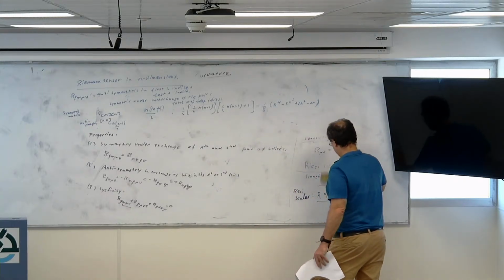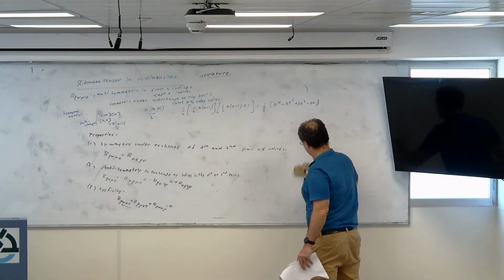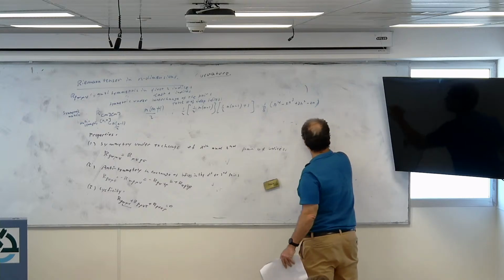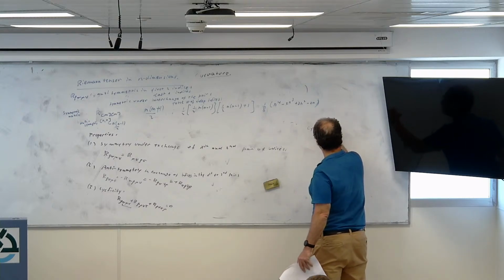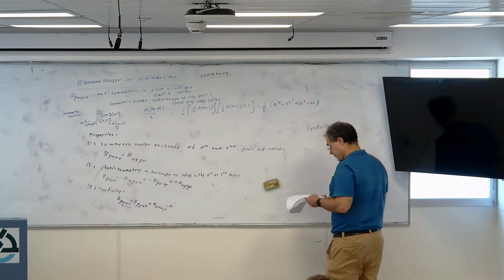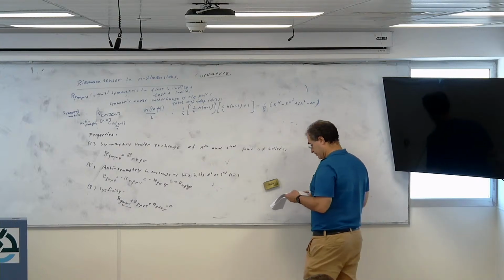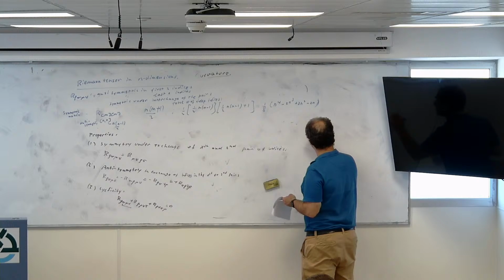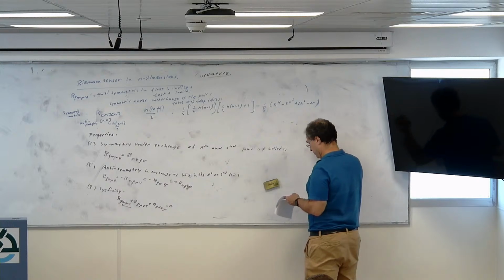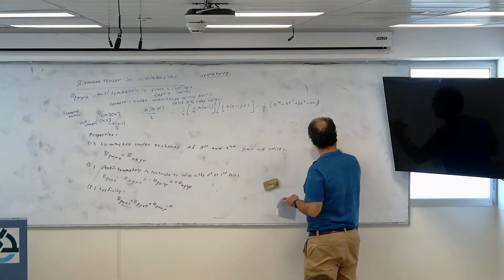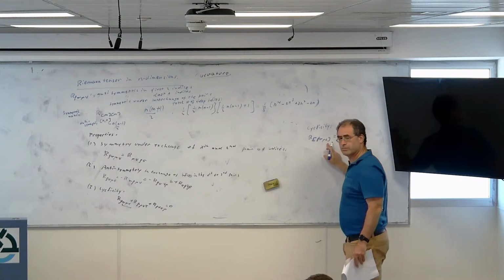So cyclicity. R mu rho sigma nu with square brackets is equal to 0 is the definition. Have you seen that before?